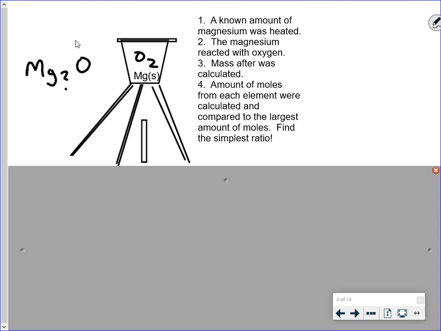Then we're going to be able to figure out the ratio of magnesium to oxygen. Theoretically, it should be a 1-to-1 ratio because magnesium is 2 plus and oxygen is 2 negative. However, we can figure that out by calculations and by lab analysis. It's too bad you guys are out on COVID break because we actually do this lab. You burn magnesium and get it crazy hot, and then we take readings from it.